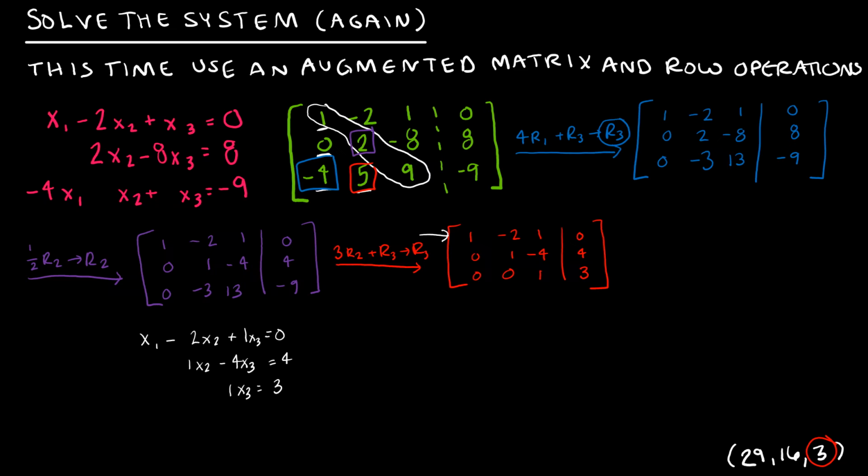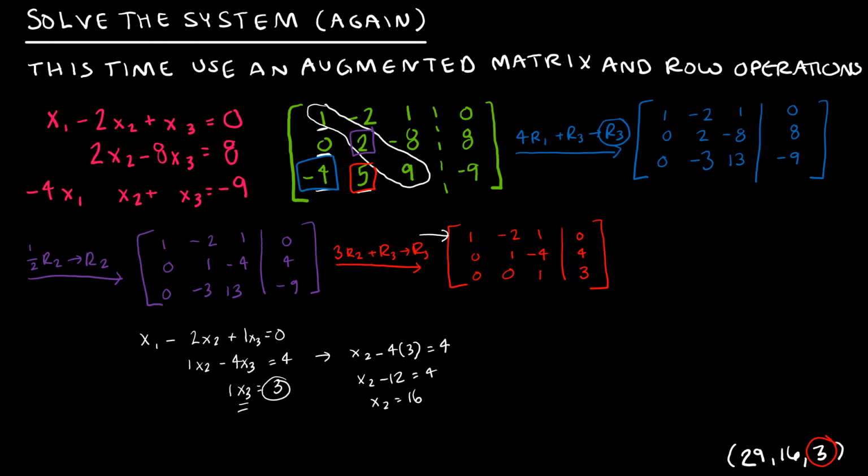So obviously, I can use back substitution. I've already found that x3 is equal to 3. I can very easily say x2 minus 4 times 3 equals 4, which gives me x2 minus 12 is 4, which gives me x2 is 16.